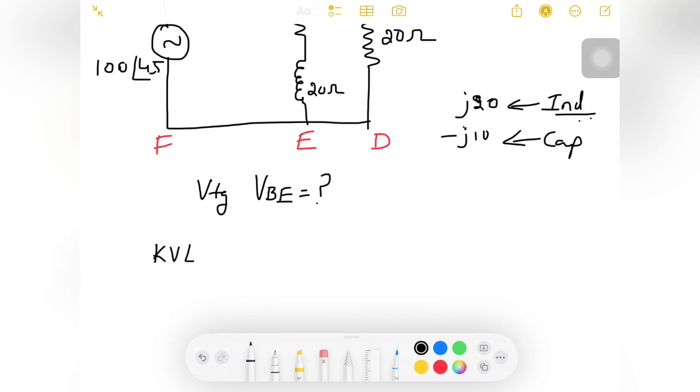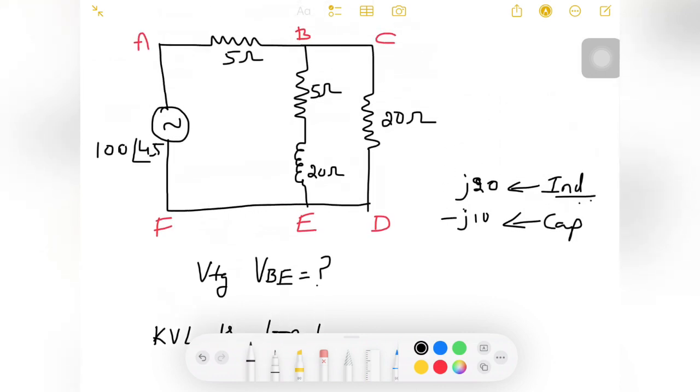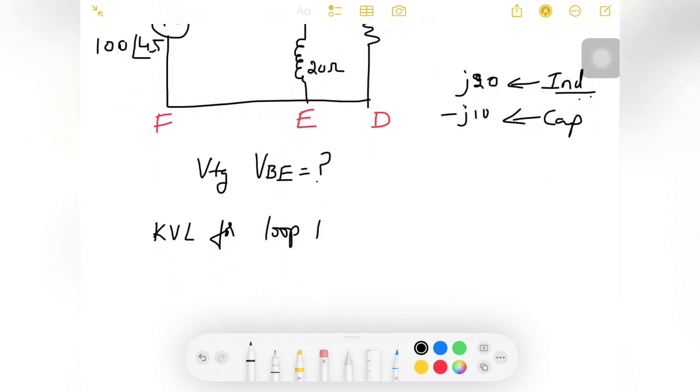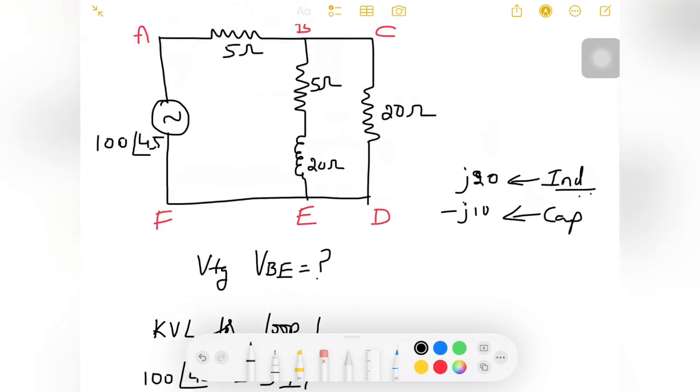Applying KVL for loop 1. Loop 1 is nothing but node A to B, B to E, E to F, F to A. So I will write where the voltage source is given, 100 at an angle 45, equal to 5 into I1, because the current flowing here I am assuming as I1 and here I will assume as I2.